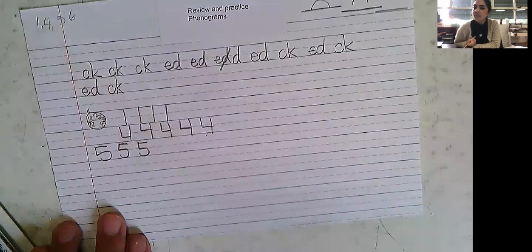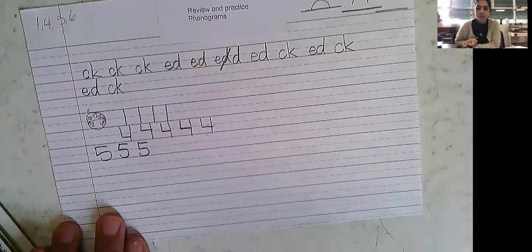Is that what your 5s are looking like? No? Yes. So if it's not looking like mine, we need a little bit more practice. If it is looking like mine, let's continue to practice to make it perfect. Let's try again.